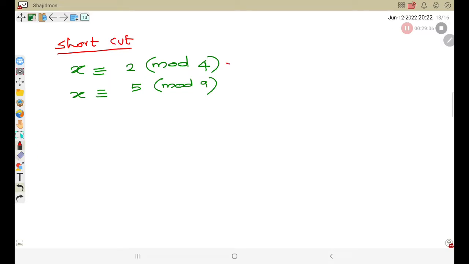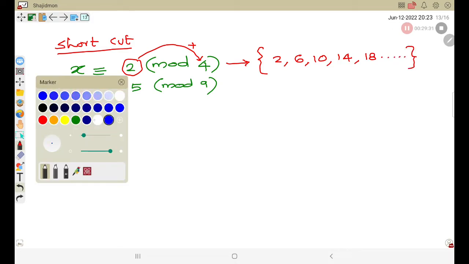From the first linear congruence, what numbers can we choose? Start from 2, then 2 plus 4 is 6, 6 plus 4 is 10, 10 plus 4 is 14, 14 plus 4 is 18, and so on.